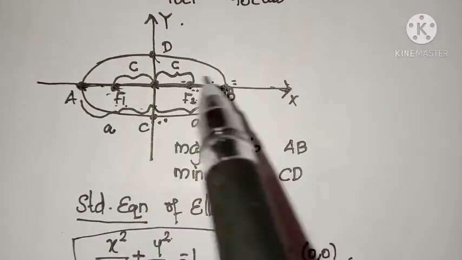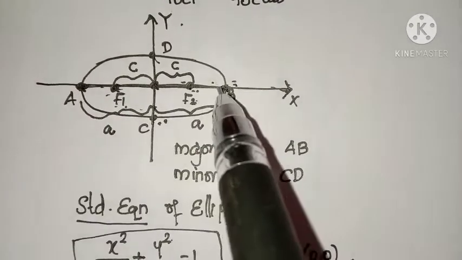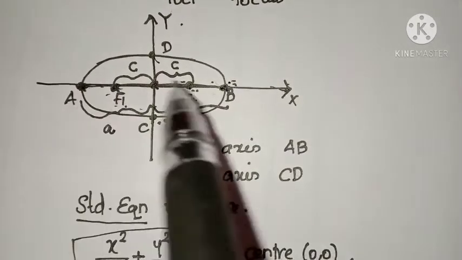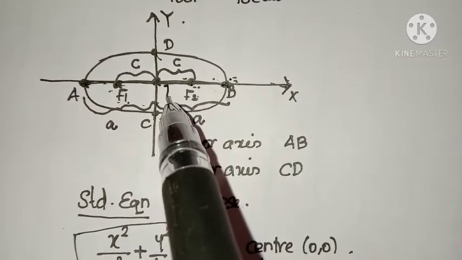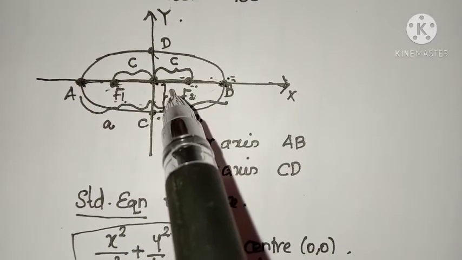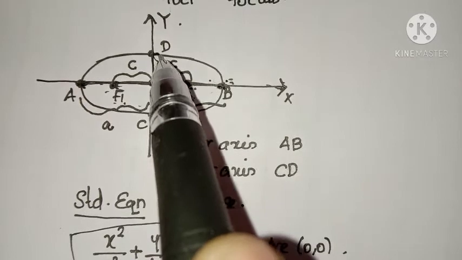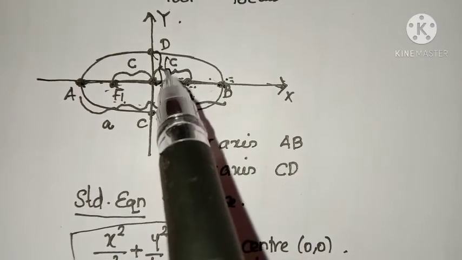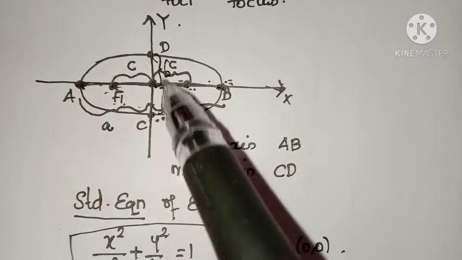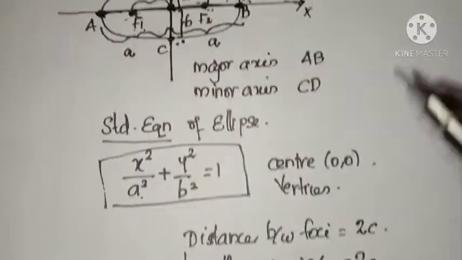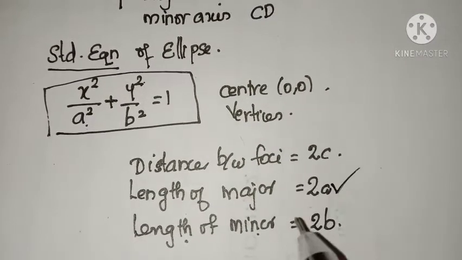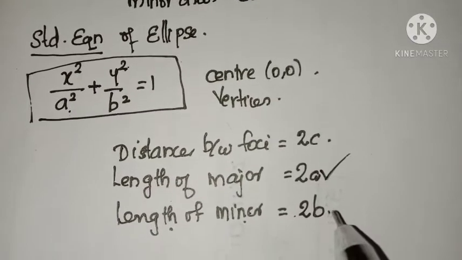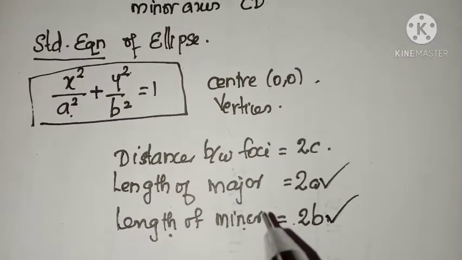A plus A is equal to 2A. So the total length AB is the major axis of the ellipse. Now consider this distance from the center to this point, which is B. Similarly this distance is equal to B. So what is the total distance? B plus B is equal to 2B. So the length of the major axis is 2A. The length of the minor axis is equal to 2B.